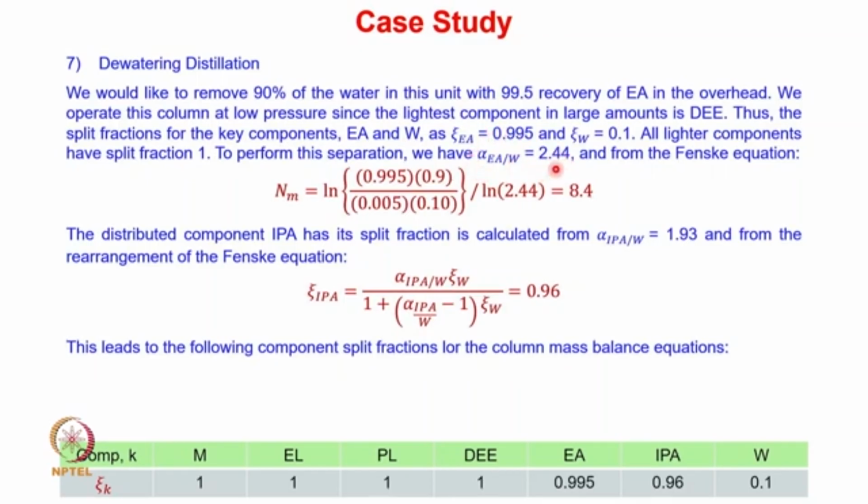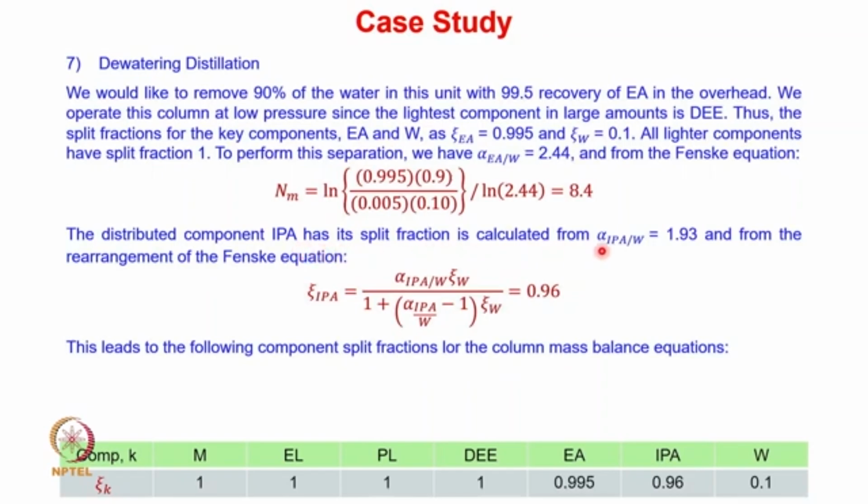Once we have obtained this relative volatility, then we can use the Fenske equation and we can calculate the number of stages required in the distillation. So that comes out to be 8.4. Once we have obtained the number of stages, we can also calculate the distributed component split fractions, isn't it?